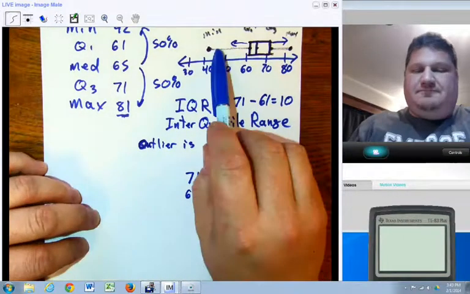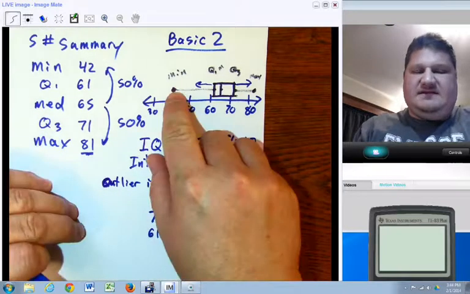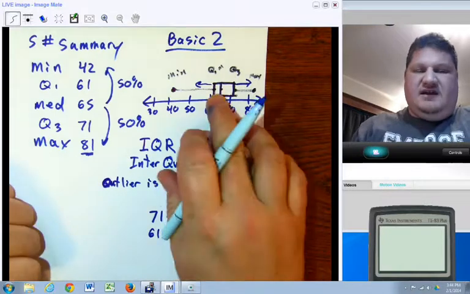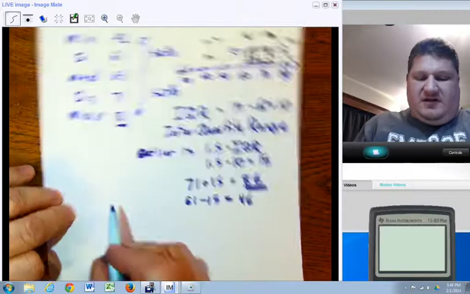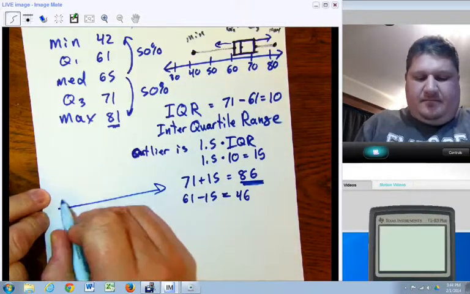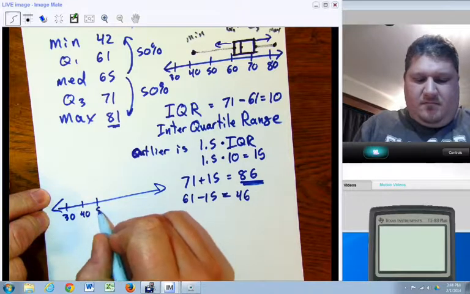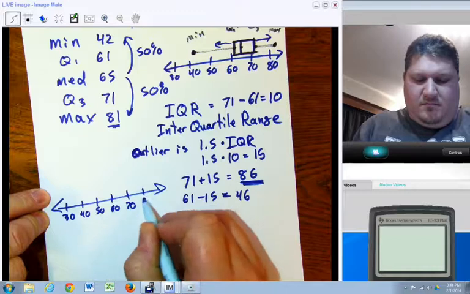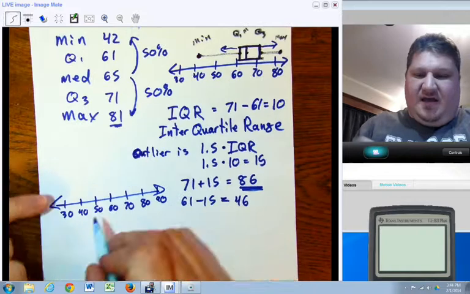So this picture is okay, but it doesn't indicate that this is too far out. What we would need is we would need to modify this picture to show which values are too far out. So let's draw another number line and put the same values on it.